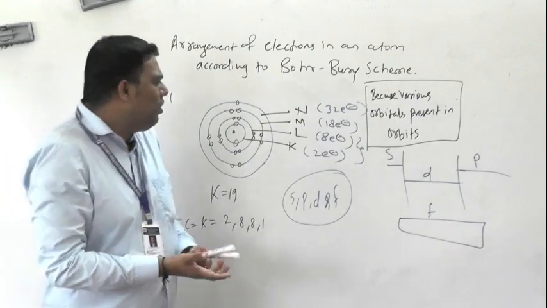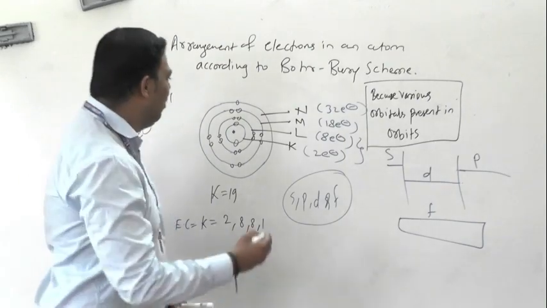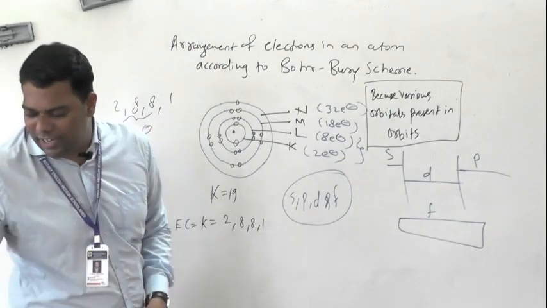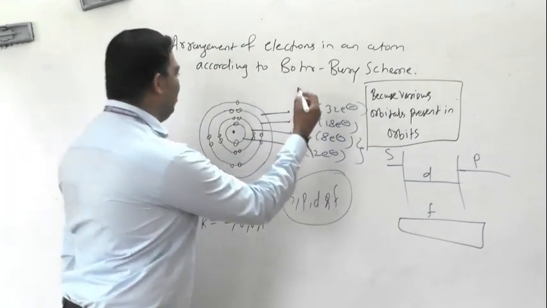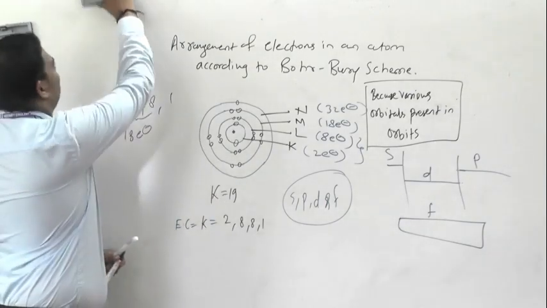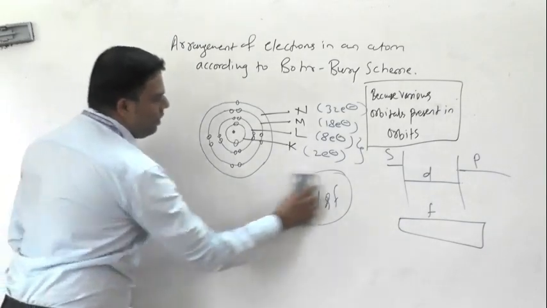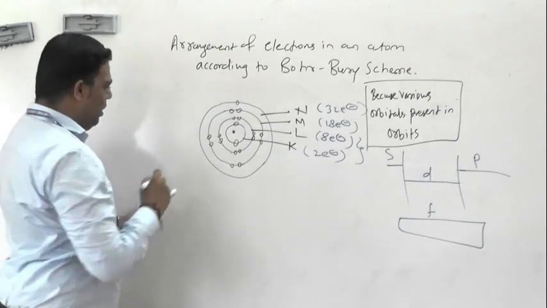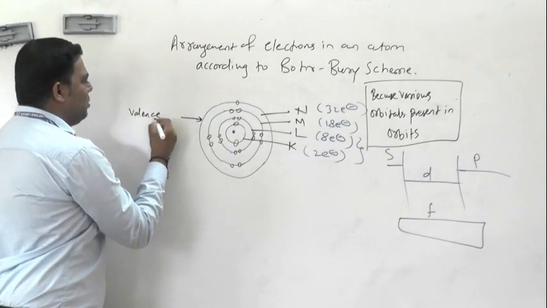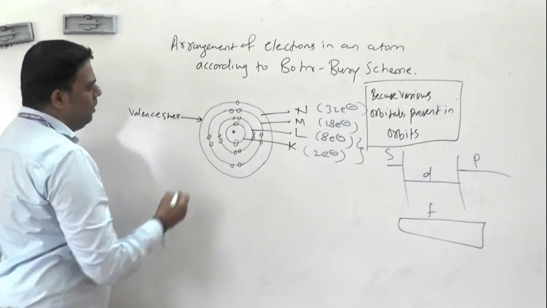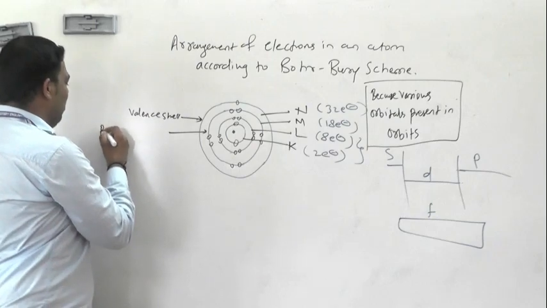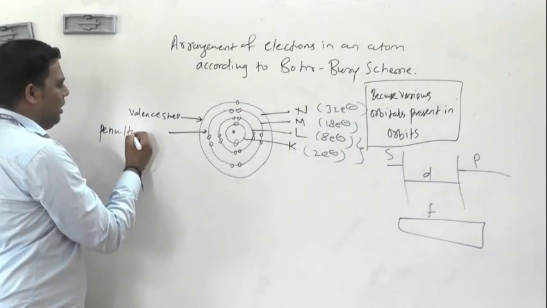One more thing we can mention: the last shell is called the valence shell. The second shell from the last is called the penultimate shell.